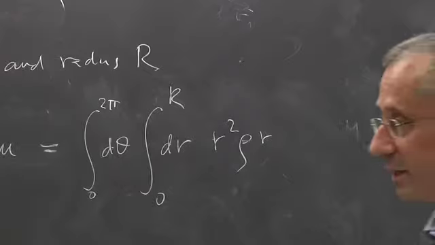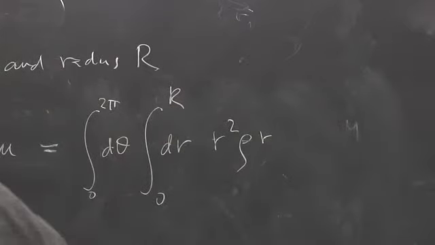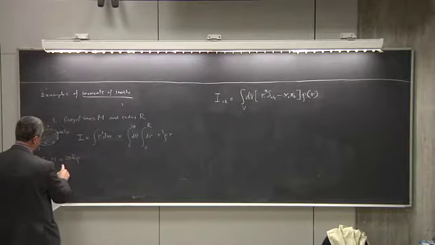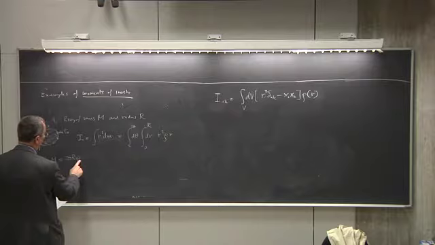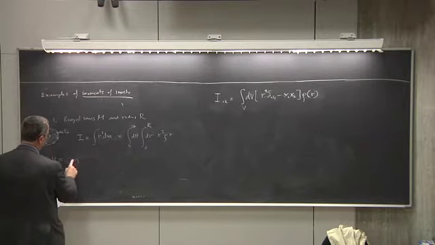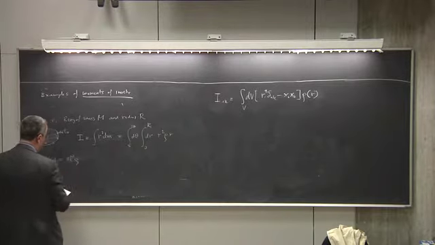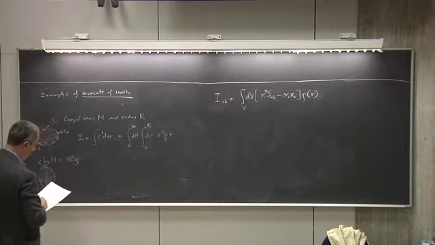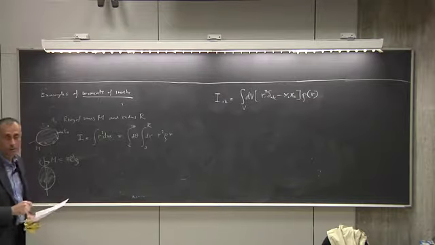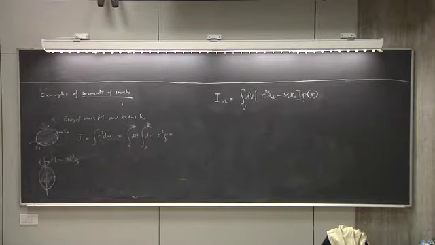Again, let's assume that the density is constant, but now the constant is not 2 pi r, because it's a disk. So it should be pi r squared rho, the surface of a disk.